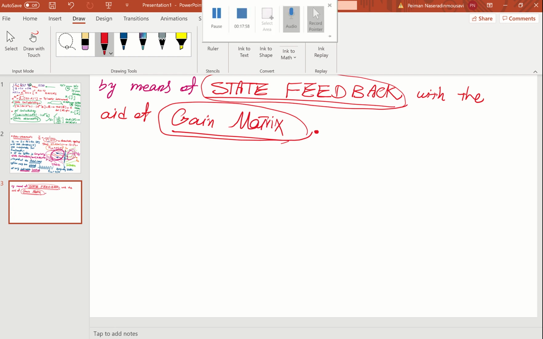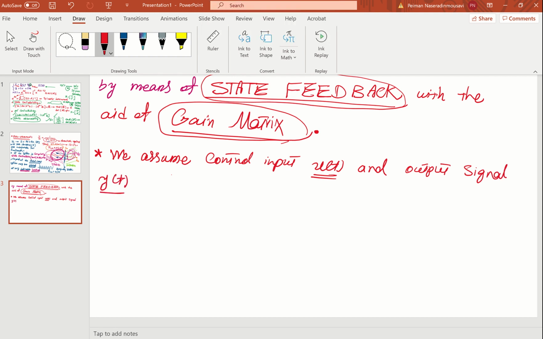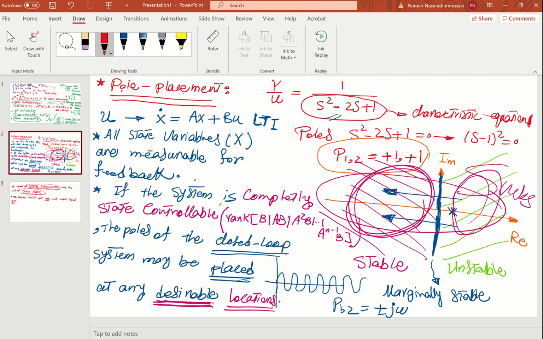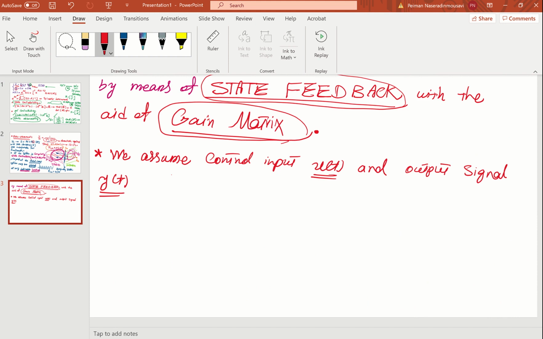Okay, now for making everything simple, we assume control input u of t, that you're going to design by state feedback, and output signal y of t, because the system is LTI and SISO. These are scalars.